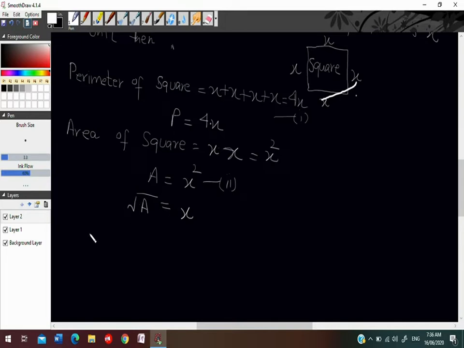P is equals to 4x is equals to 4 under root A. Means P is equals to 4 multiplied by under root A. And this equation represents the perimeter P of the square as a function of its area A.